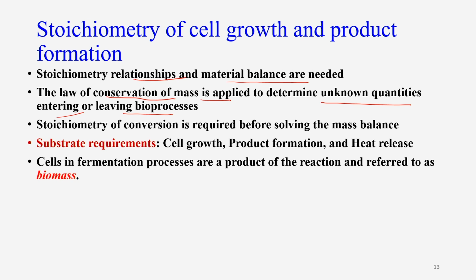We calculated the inlet amount required and the amount of off gases. So, when you want to start applying this mass balance, we require the stoichiometry of conversion, that is, how your substrate is converted to the biomass or to the product.